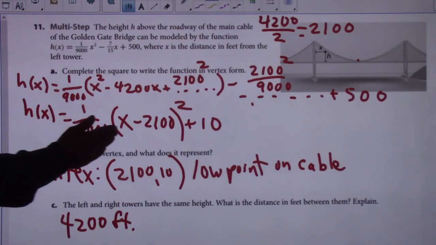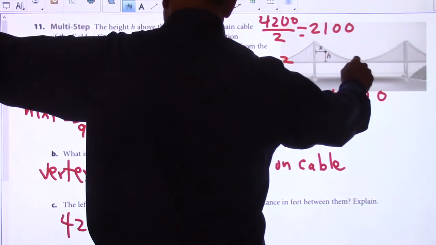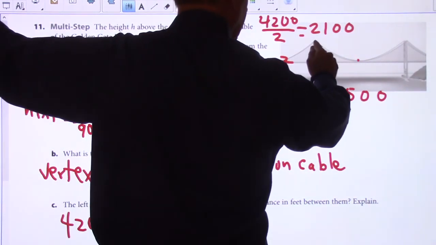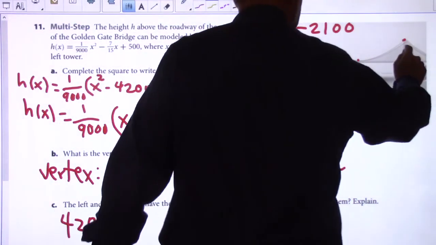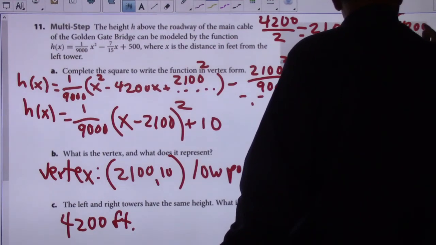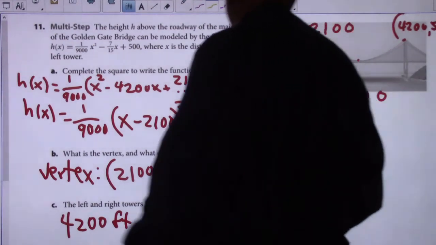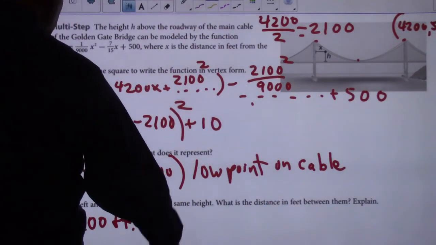So here's the vertex, 2100, 10. So this point here is 500 feet high. This one over here is going to be 4,200, 500. 4,200 feet between the towers, distance between towers. That's it.